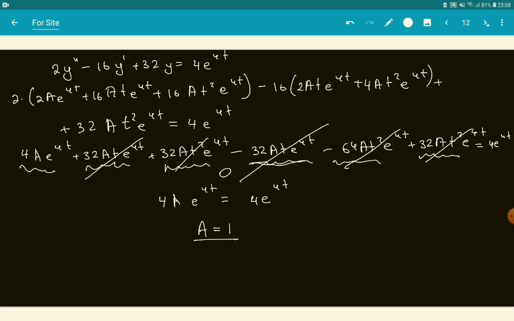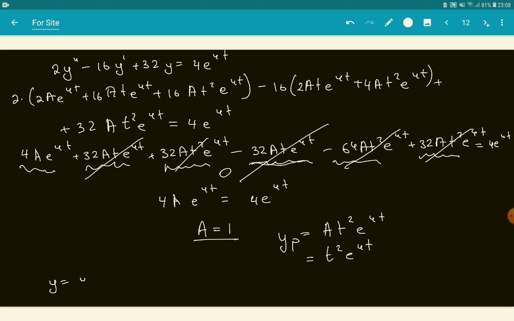After we know that a is 1, what did we say yp was? yp is equal to at squared e^(4t), so it becomes just t squared e^(4t).